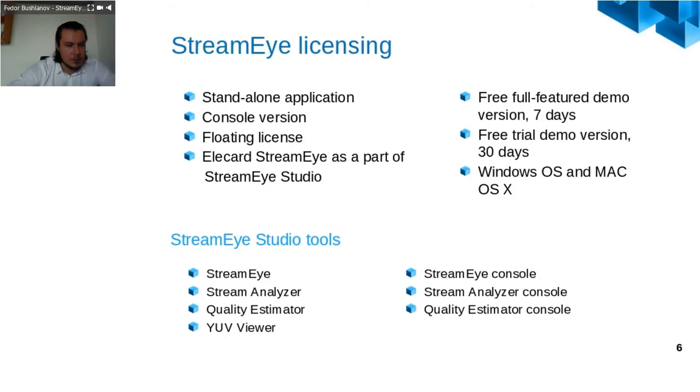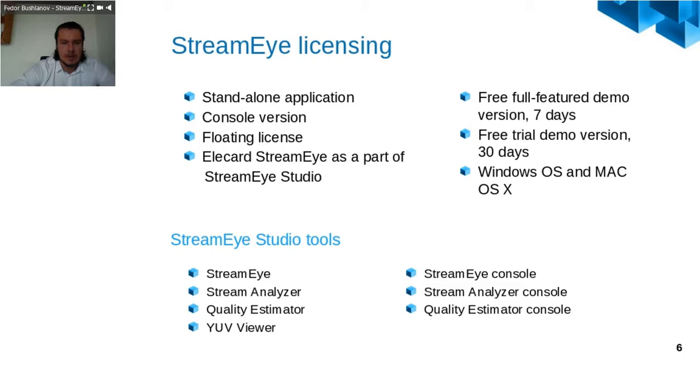Okay, so we had a first question. Source resolution is too high. Can see some info on lower resolution monitors. Well, yes, that's true, but that's why we can zoom. That's why there is zoom functionality in our StreamEye application.